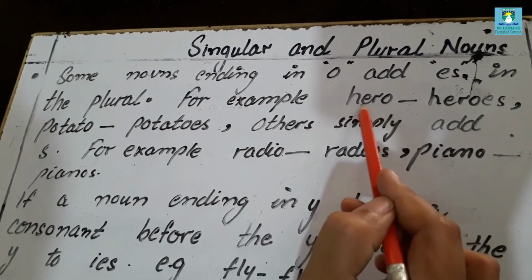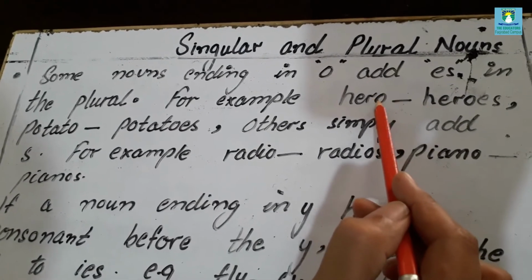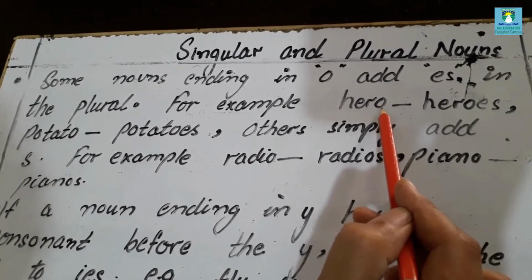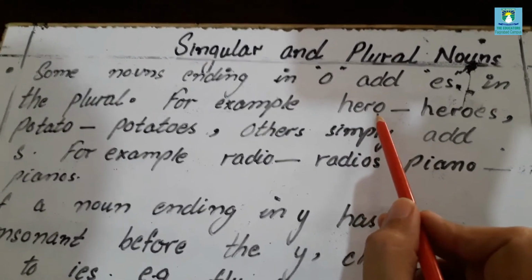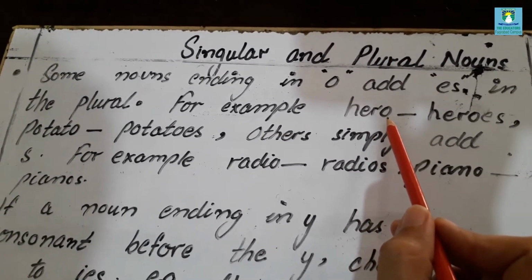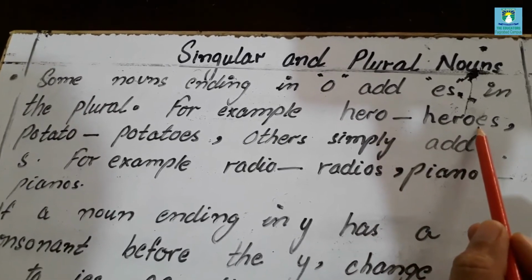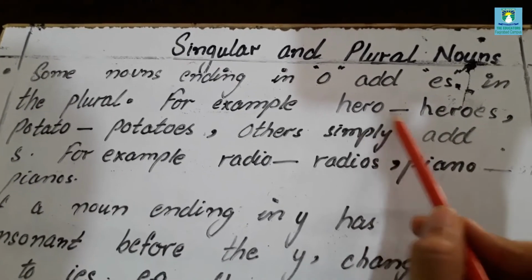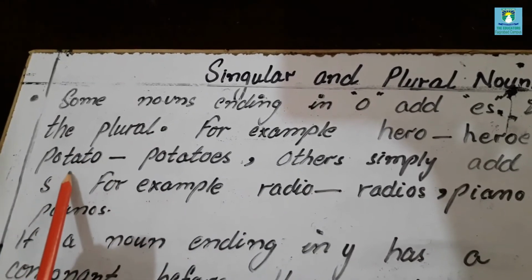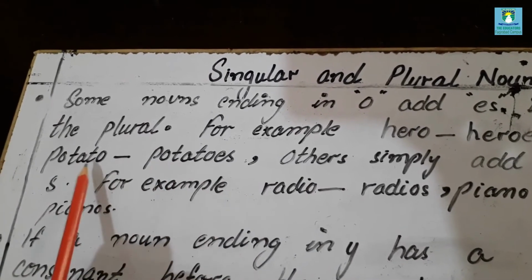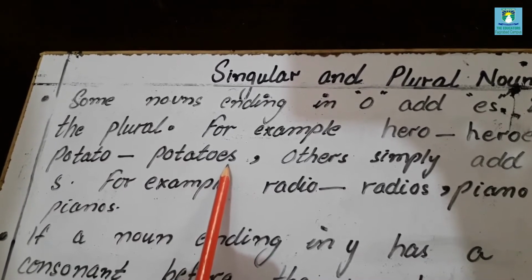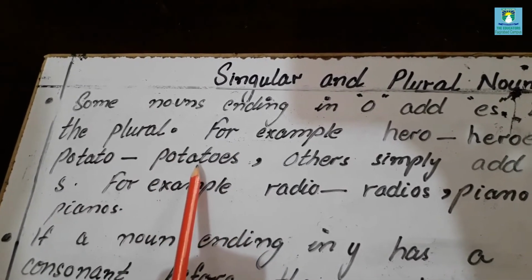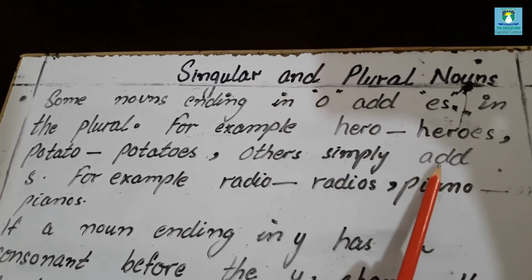You can see this noun is ending with the alphabet o. So I can make it plural by adding es at the end. Hero, heroes. Potato, potatoes. This is also ending with o, so we will add es in the end, and it will become plural. Okay? Others simply add s.